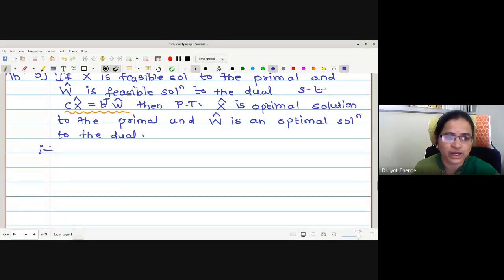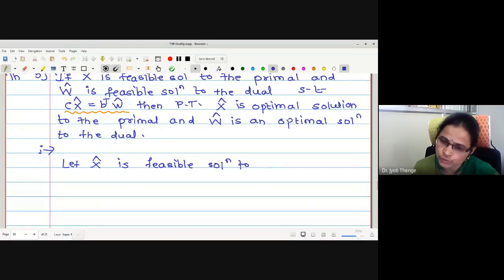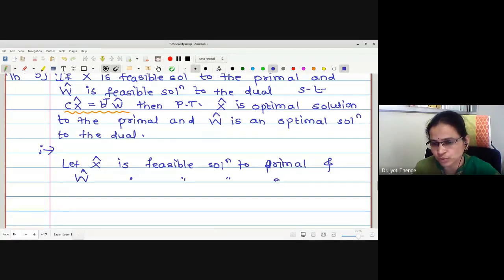Let me write: let x cap be a feasible solution to the primal, and W cap a feasible solution to the dual, such that Cx cap equals B transpose W cap.